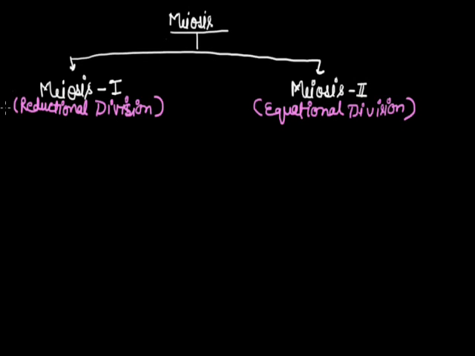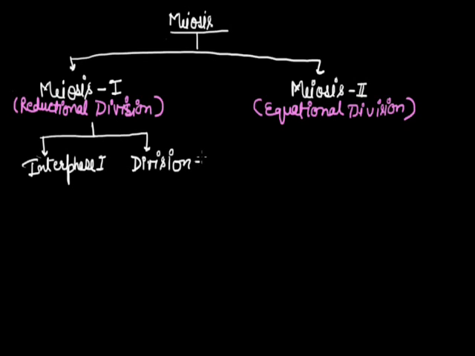Now meiosis can be further divided into two parts, which are interphase and division phase. This is present in meiosis 1 as well as in meiosis 2. So right now the meiosis 1 interphase is called meiosis interphase 1, while its division phase is called division 1.